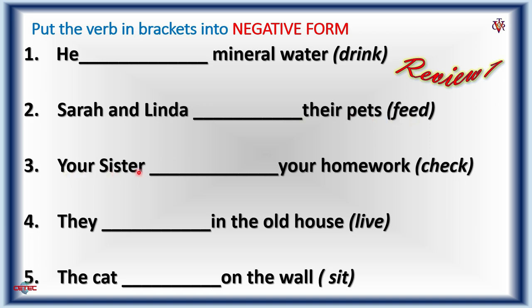Your sister, your homework, check. They, in the old house, live. The cat on the wall, sit. Don't forget to check the negative form when it's he, she, it, I, we, you, or they.